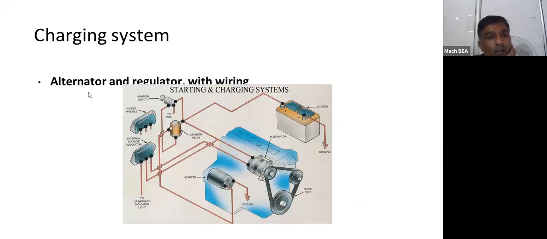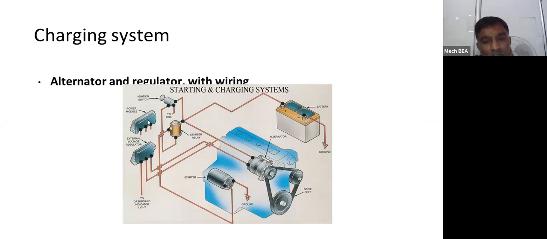Then the second important system, which is required to charge the battery, is called the charging system. One of the important elements of the charging system is the alternator and the regulator with the wiring.